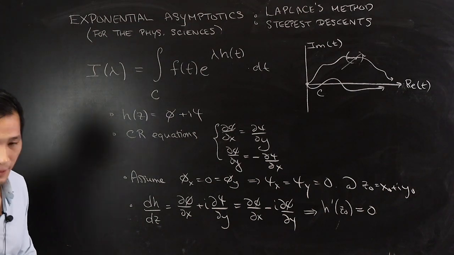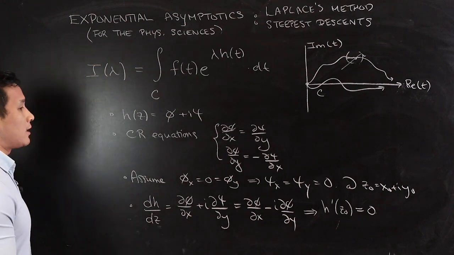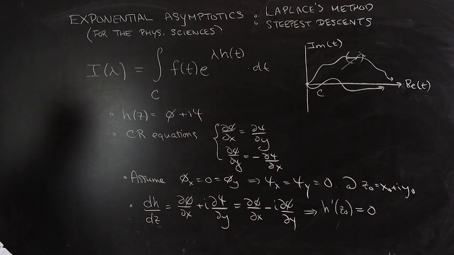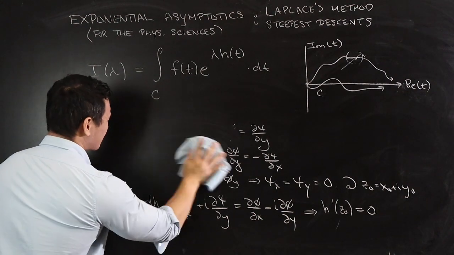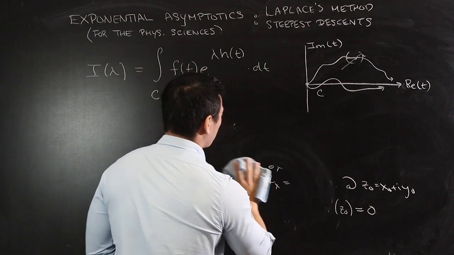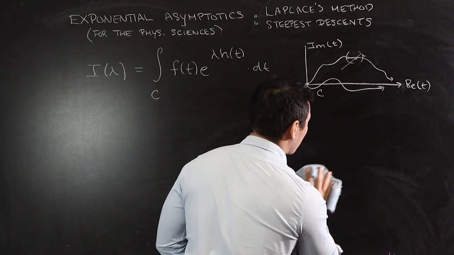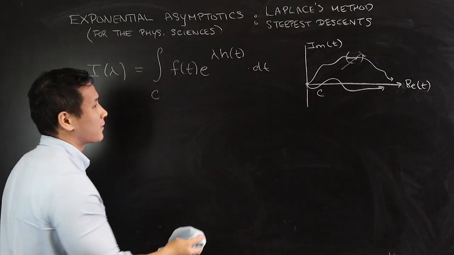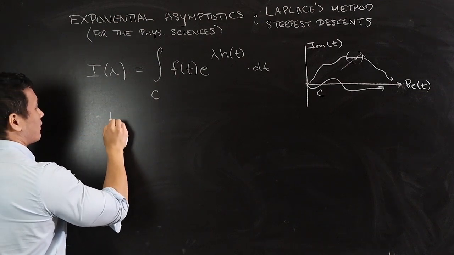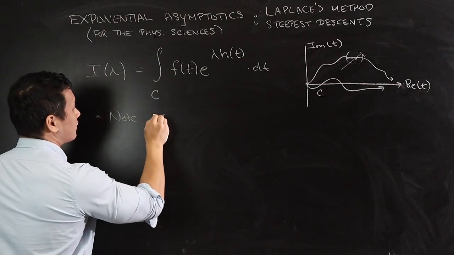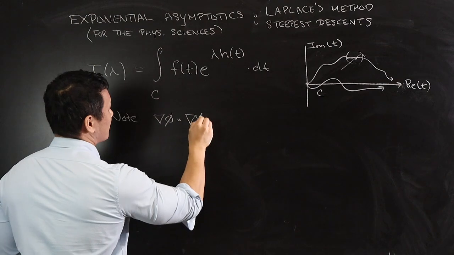Fine. The next thing we need to know a little bit about is directions of steepest descent and ascent and how that relates to complex functions. I can take my Cauchy-Riemann equations and prove that the gradient of phi dot the gradient of psi is 0.